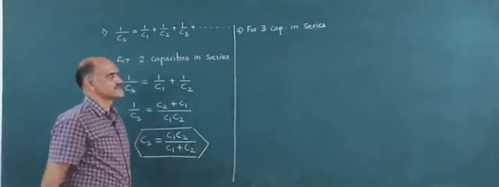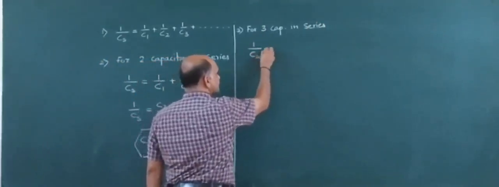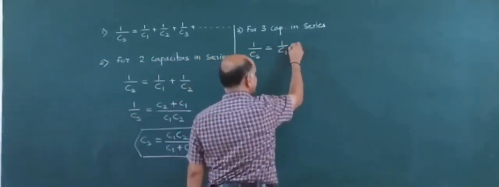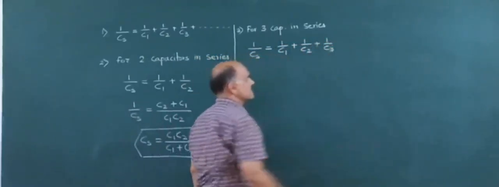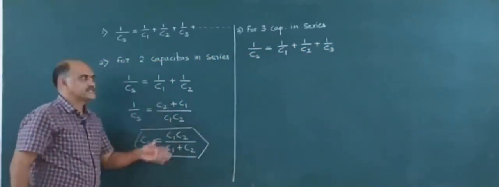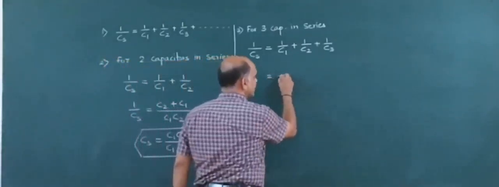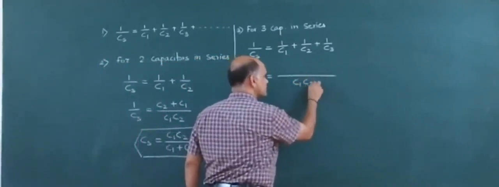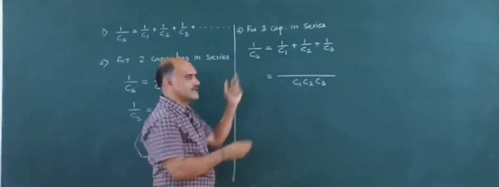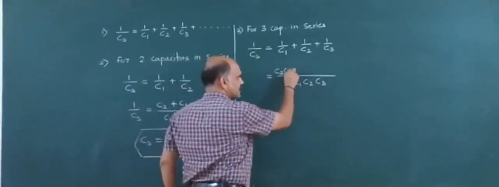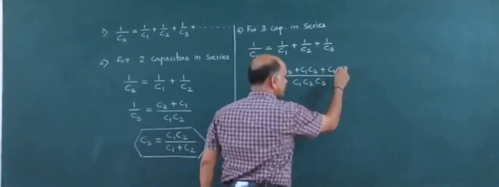Similarly, if 3 capacitors are in series, the formula will be 1 by Cs is equal to 1 by C1 plus 1 by C2 plus 1 by C3. Now again take LCM on the RHS, so you will have C1, C2, C3 in the denominator. If you cross multiply, you will have C2 C3 plus C1 C3 plus C1 C2.